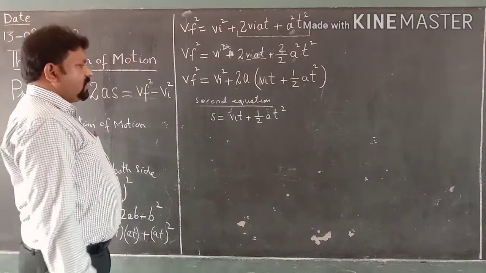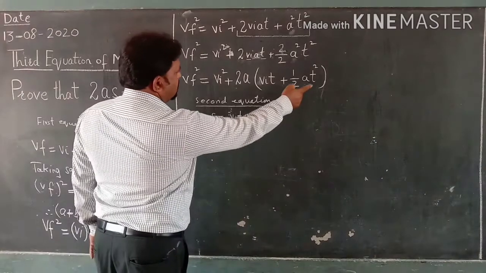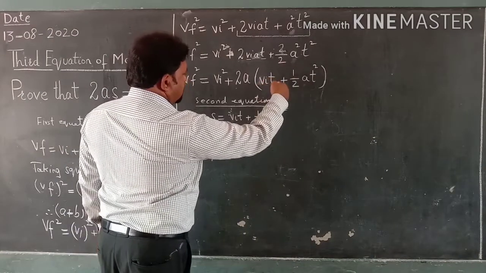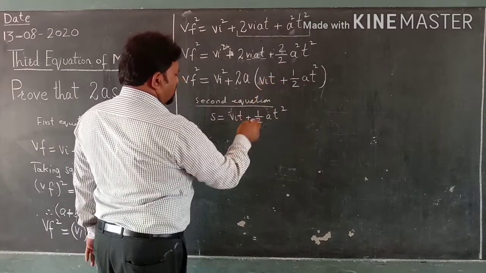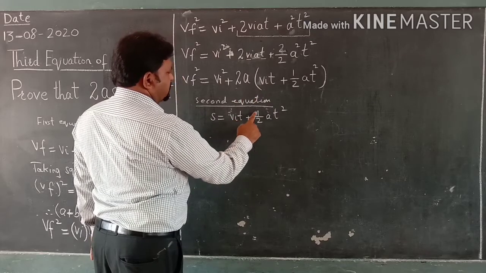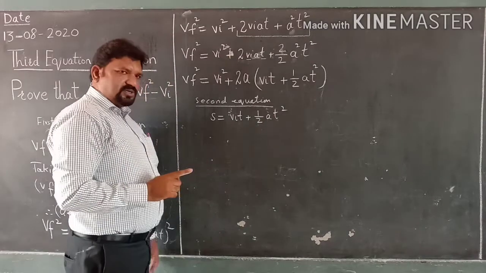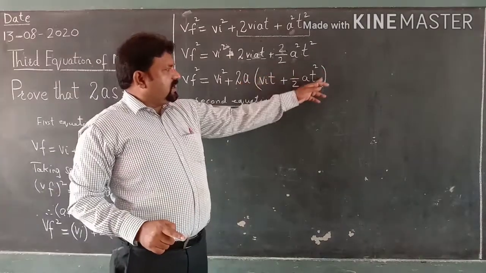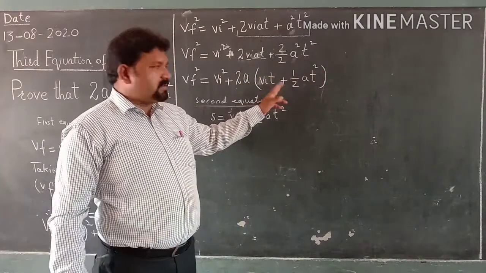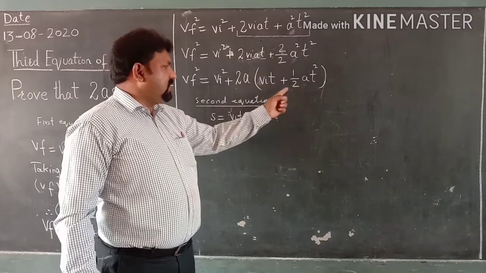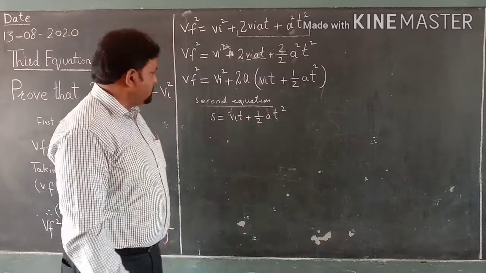So now we will put the value of these terms here, because Vi t plus 1 upon 2 a t square is equal to S. So here we will write S because this whole thing is equal to S.